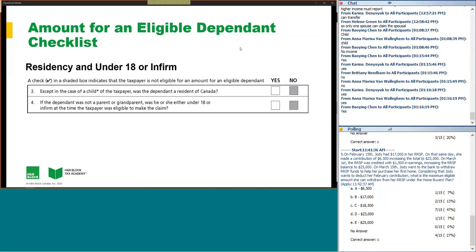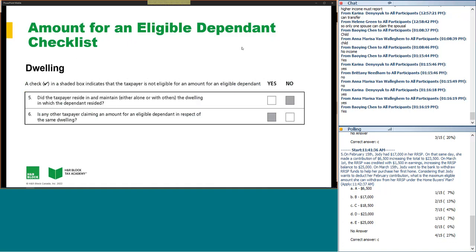And then if the dependent was not a parent or grandparent, they have to either be under 18 or infirm. I will give you the definition of infirm next class, so we're going to come back and look at this again. But parents and grandparents can be an eligible dependent. Children under 18 can be a dependent. Everyone else has to be infirm in order for you to make the claim. Okay?